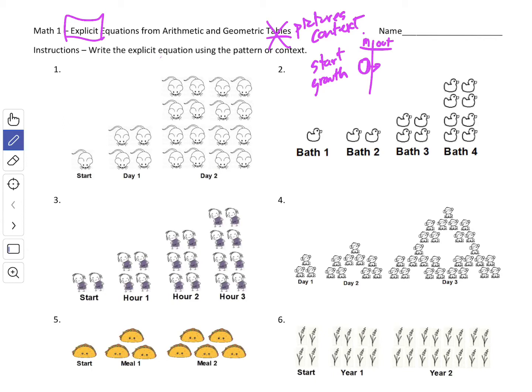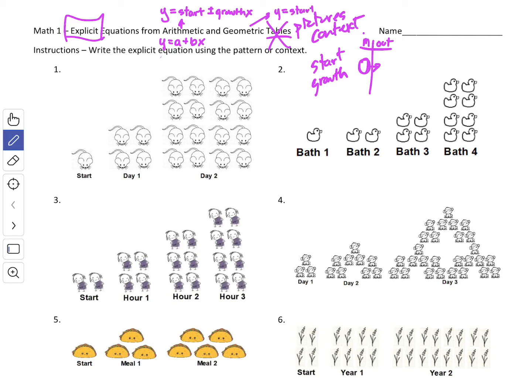and we use the pattern. If you want to check this out, check out the other video where I just did the sequences, because in that one I do the table and show you the connection between the input and output, and it's really great. But it ends up being that for arithmetic, we end up with an equation that looks something like y equals our start number, then plus or minus our growth times x, or y equals a plus b times x.